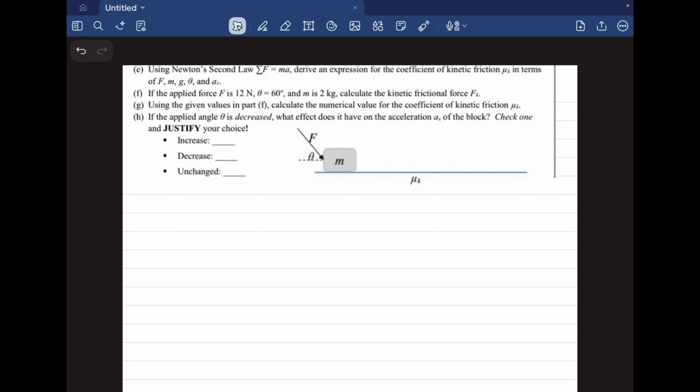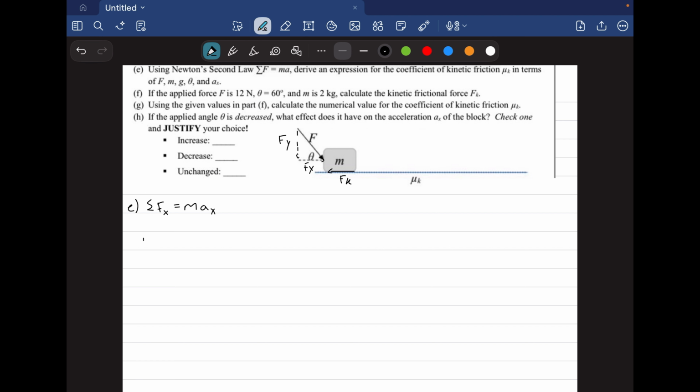So for part E, we're trying to find an expression for mu k using Newton's second law, okay? So first I'll do the x-axis, so sum of Fx, right? So you know it's pushing it to the right, so the force Fx has to be greater than Fk for it to move to the right, right?